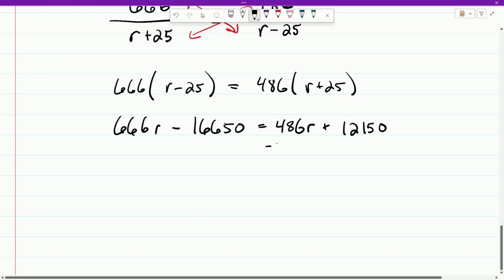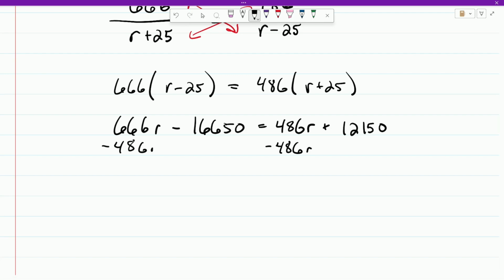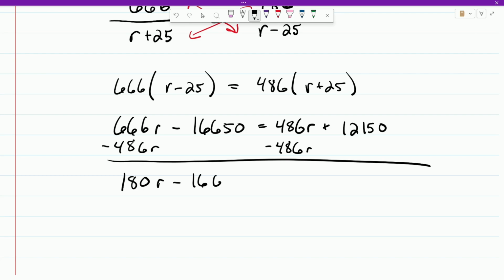Let's get the R's together so we can subtract from both sides of the equation. We get 180R minus 16,650 equals 12,150.